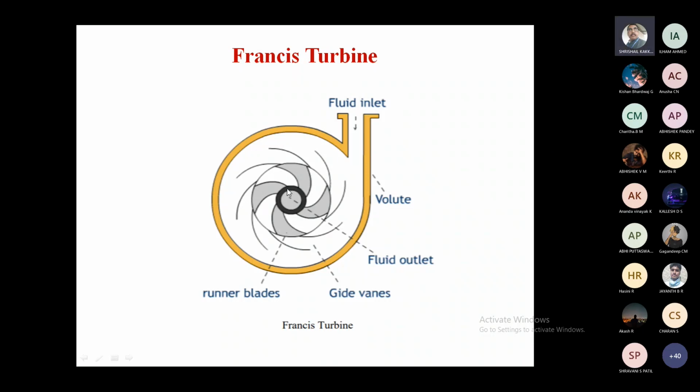Since the rotor is rotating, already you know that it is coupled to the shaft, so the shaft also rotates. We get the mechanical output. This mechanical output will be converted into electric energy once you couple it with the generator.